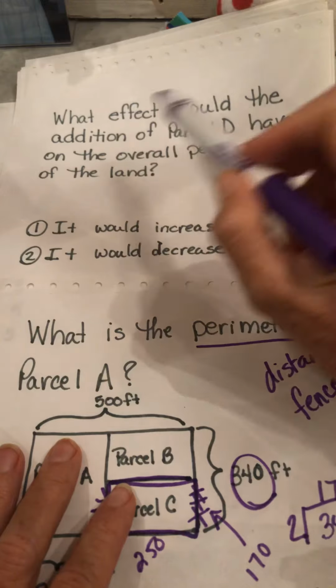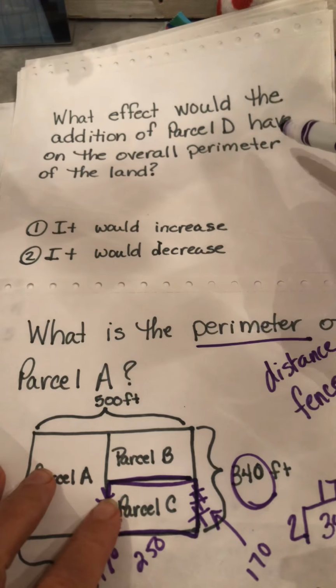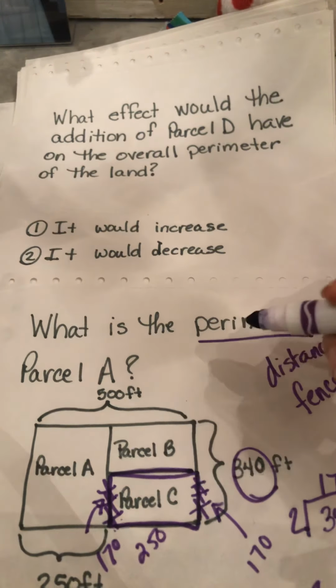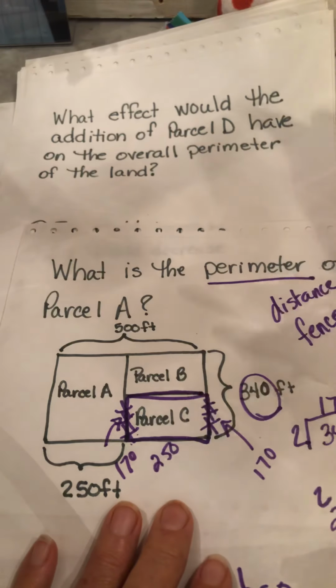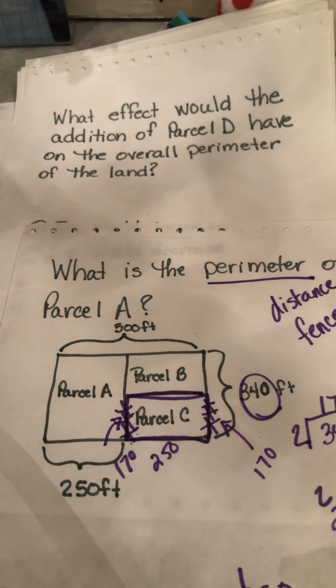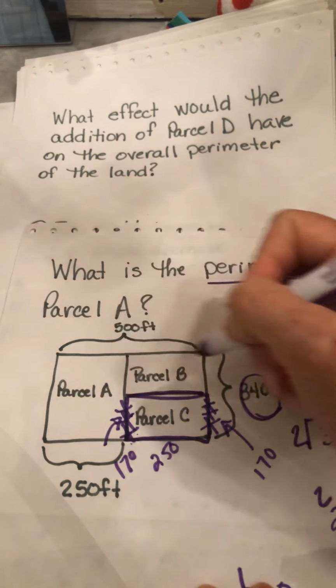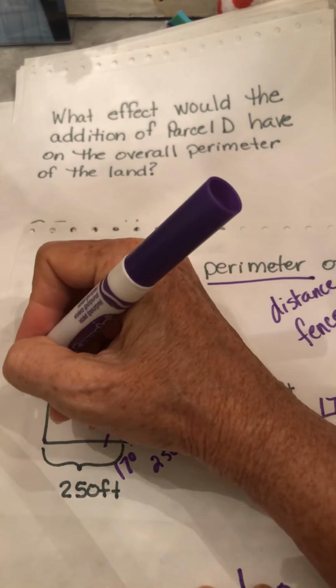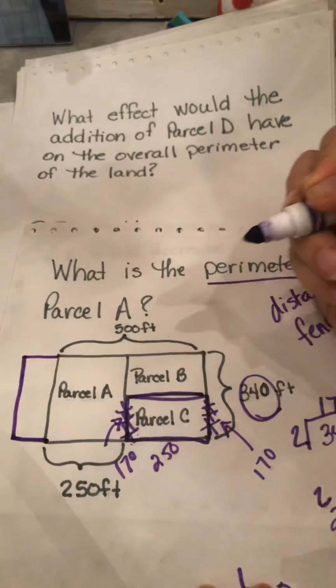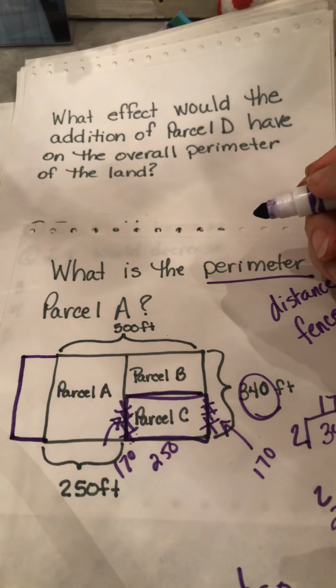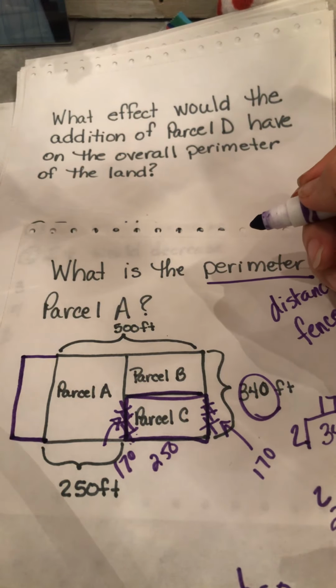What effect would the addition of parcel D be to the overall perimeter? So right now we have A, B, C. So let's say they put parcel D in. We don't know how big parcel D is, but let's just say I'm going to put it on this side because the other side's so messy. Let's say they put it right here. Do you think my perimeter would have increased?